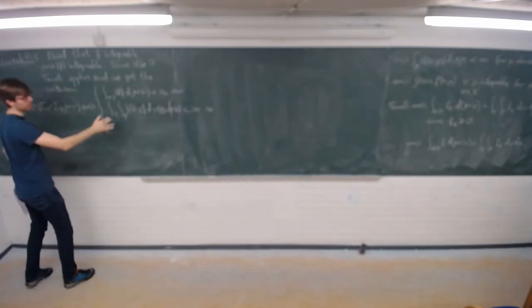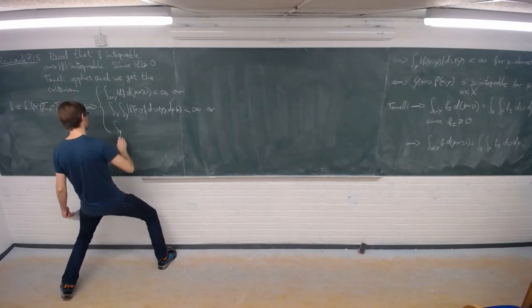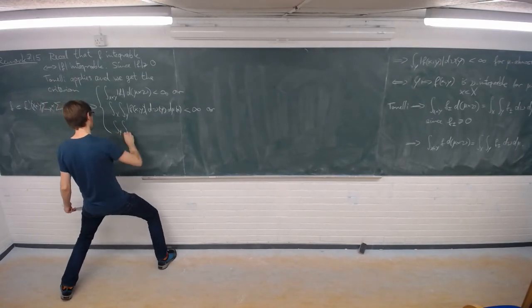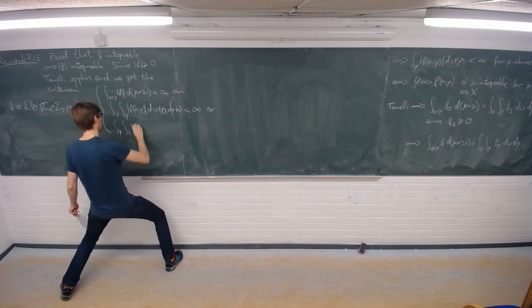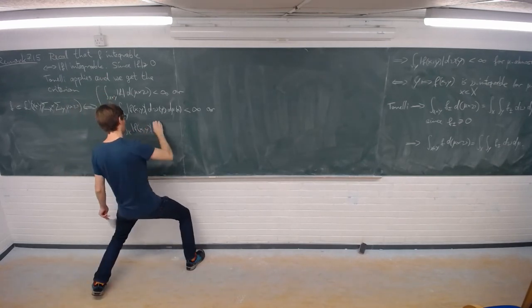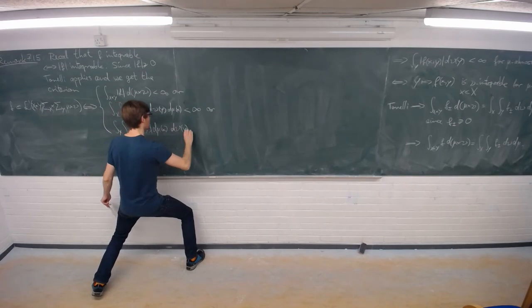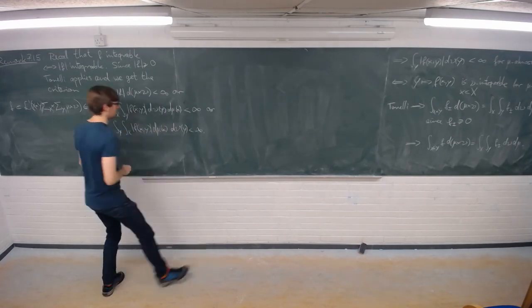Or the other iterated integral is finite. So integral over Y, integral over X, absolute value of f of x, y, d mu of x, d nu of y, is finite.